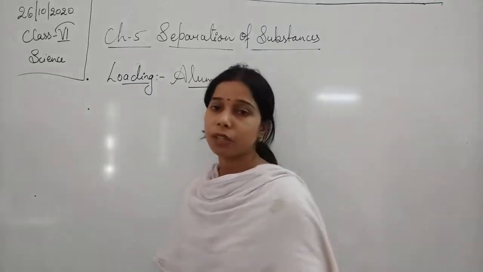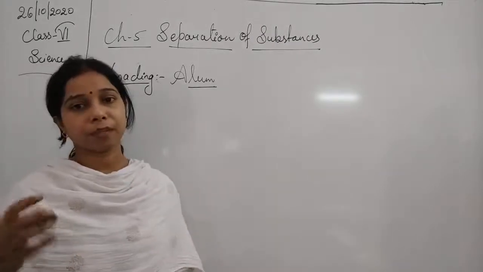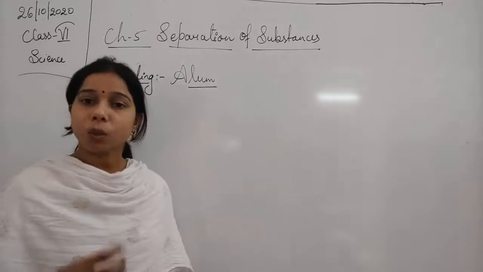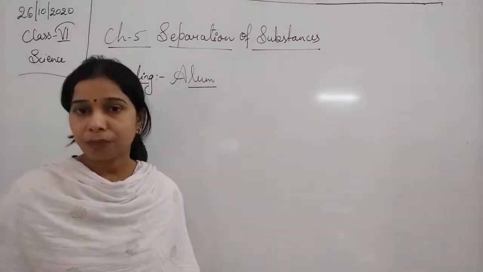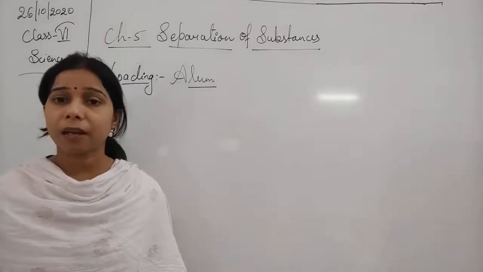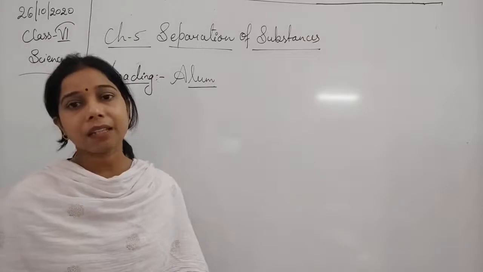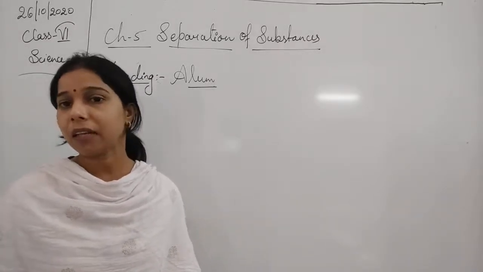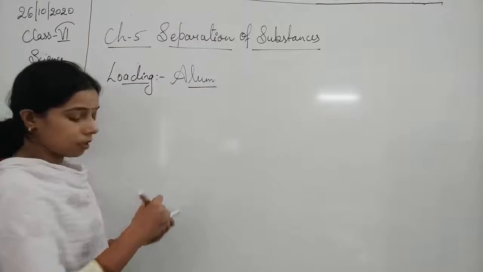Alum is used in the mixture, and it makes the suspended particles settle down. So the addition of alum to the mixture helps in making the suspended particles become heavier and finally settle down.